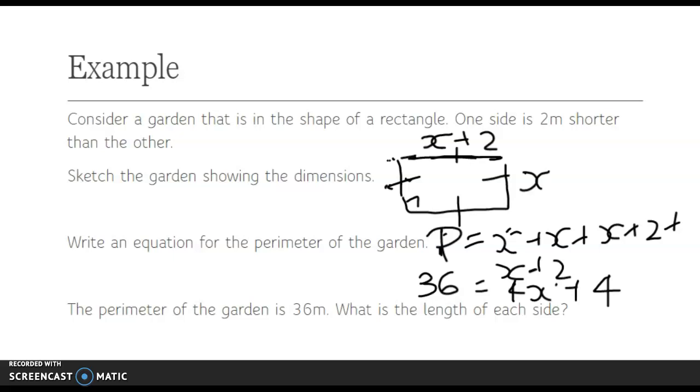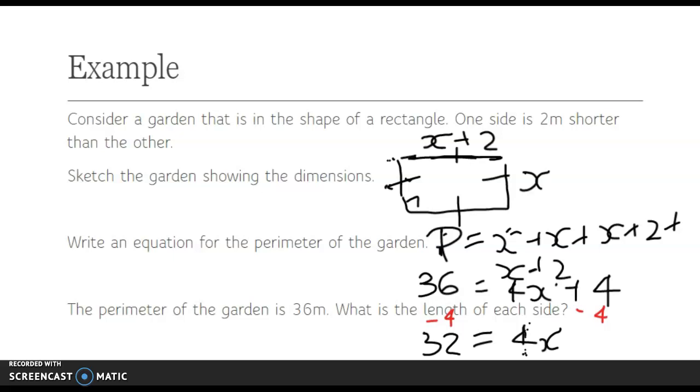So my next step is going to be to subtract 4 from both sides. And then I'm going to get 32 is 4X, and 4 take away 4 over here is going to give me nothing.